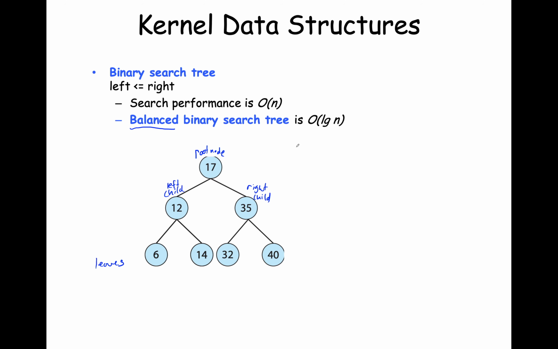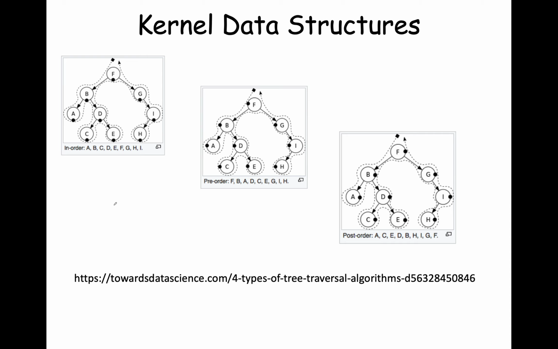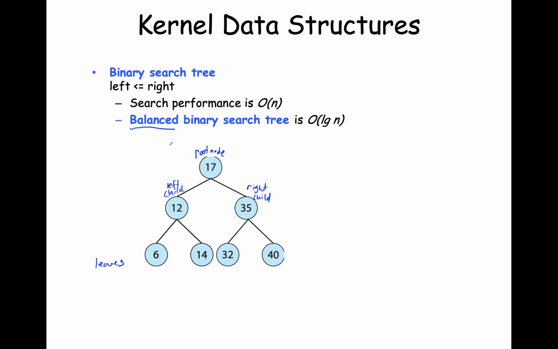Okay. So let's take a look at this search, and I've included a link down below that talks about different types of traversal algorithms. And that's another beauty of why binary search trees are so popular and so powerful: with the same data structure, the same arrangement of data, you'd imagine here each node has data, and it has a left pointer and a right pointer.